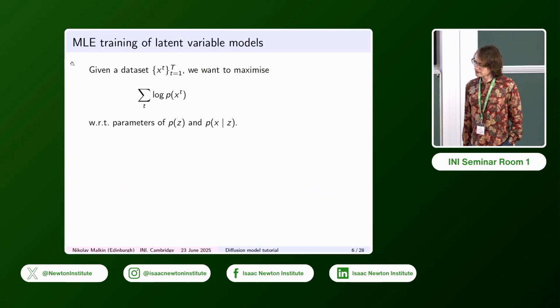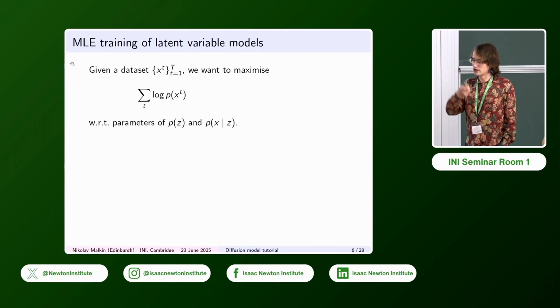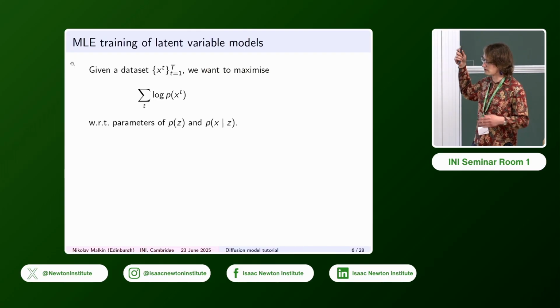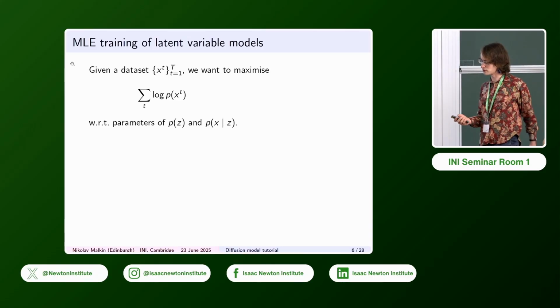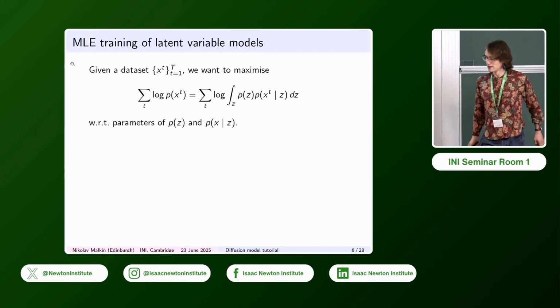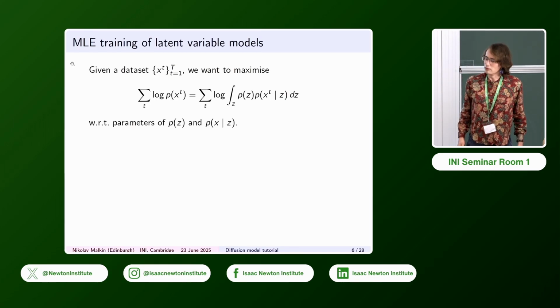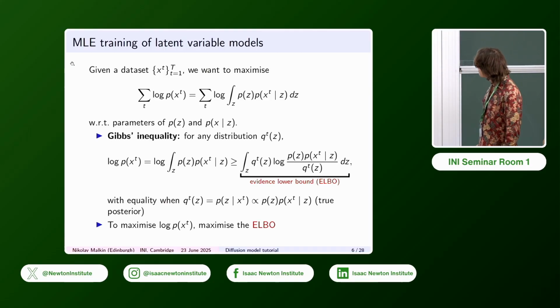So how do we train such models? When we do maximum likelihood training of generative models, we have a data set where we assume independence of samples, so we want to maximize the total log likelihood with respect to the parameters of both the prior and the conditional generative distribution. Now the problem is that this involves this intractable integral over the latent, so we can't optimize it directly. So to get around this problem, we introduce a variational distribution, which is supposed to be approximating the posterior.